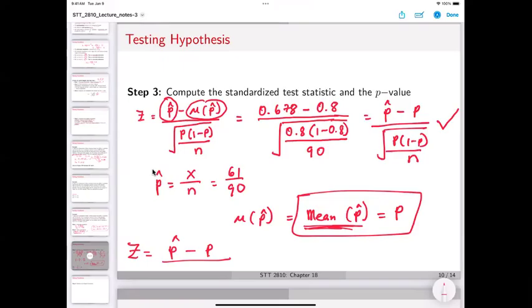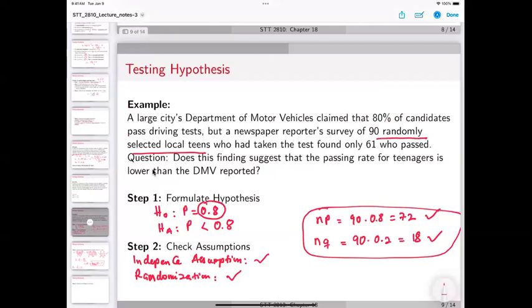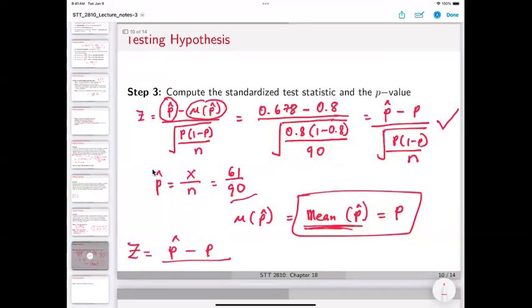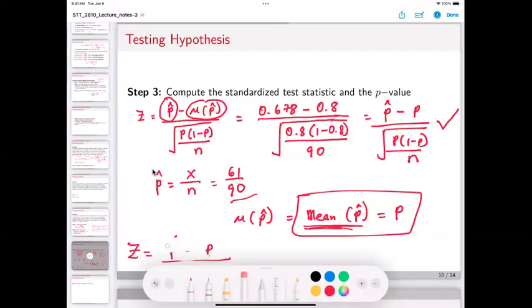That way they're able to see p hat is this, and p, then they come and look here and say, okay, p is 0.8, and they just plug in and get the answer for z. So now you just have to input this in your calculators. When you input it, what do you get for z?